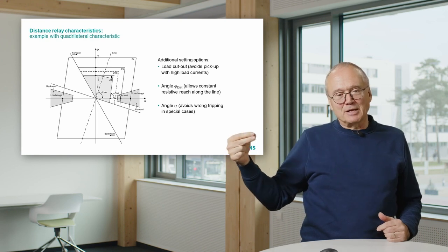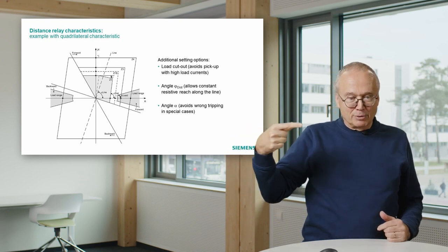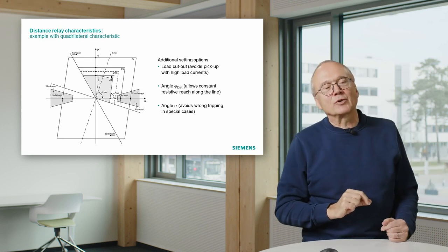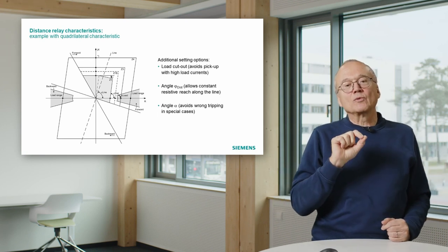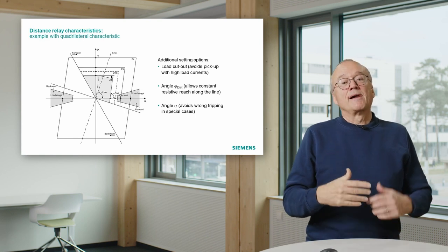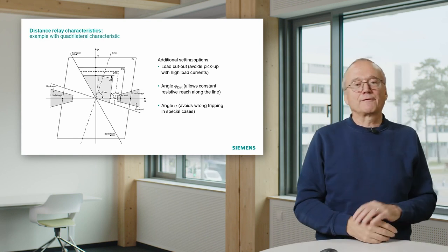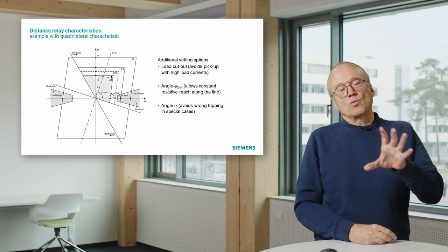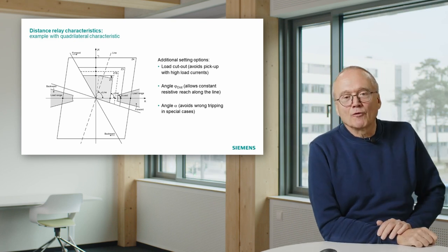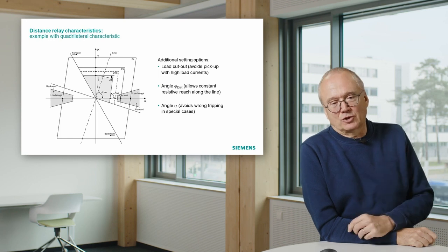If the measured point approaches the characteristic, moves in, but still within this gray area, then we will not pick up. That's called load cutout. But on the other hand, if we have a short circuit, we are somewhere in the upper right corner of the relay, and we can still react on that.